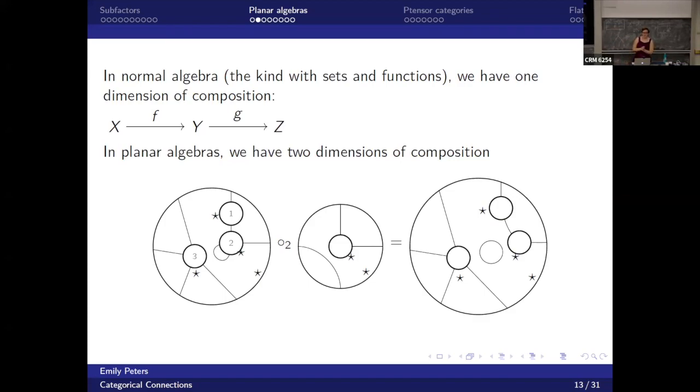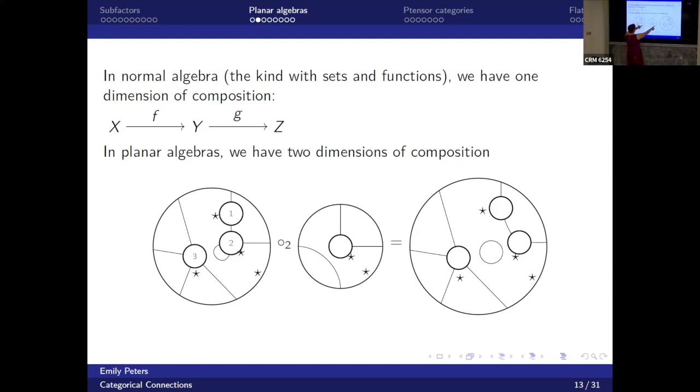Okay, so basically what makes planar algebra is two dimensions of composition, which is to say that if we have a planar diagram where the outside number of points matches up with the inside number of points in a different diagram, we could pick this up and shrink it down and put it down inside here. And this is where the stars come in, right?